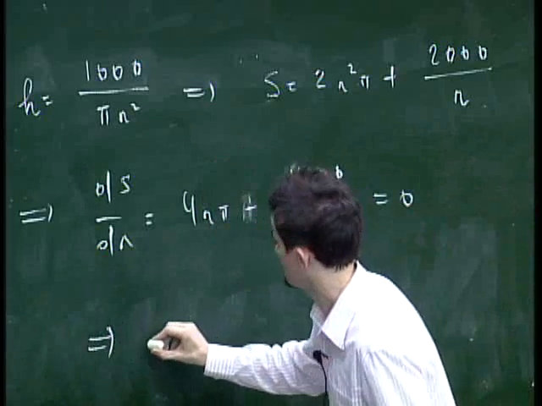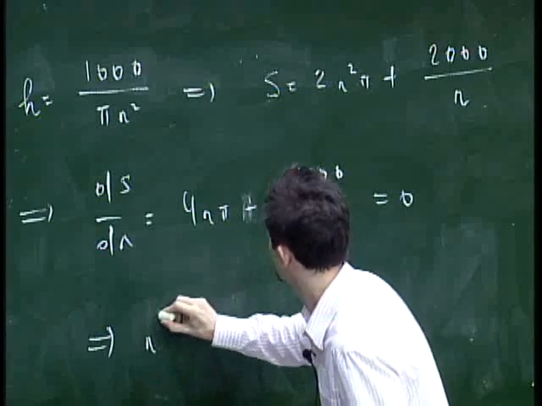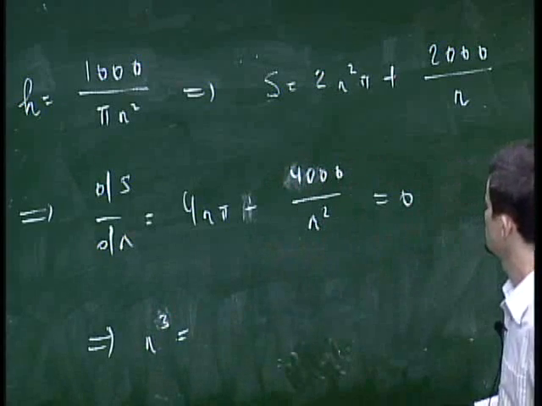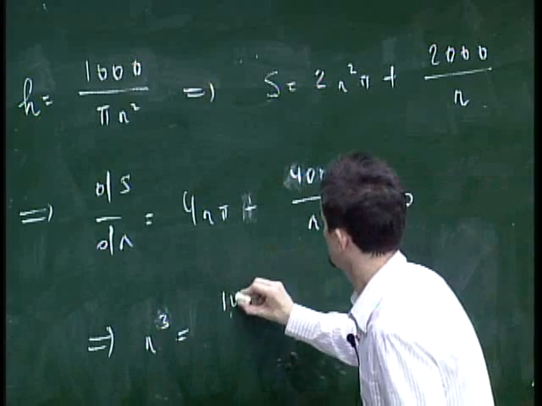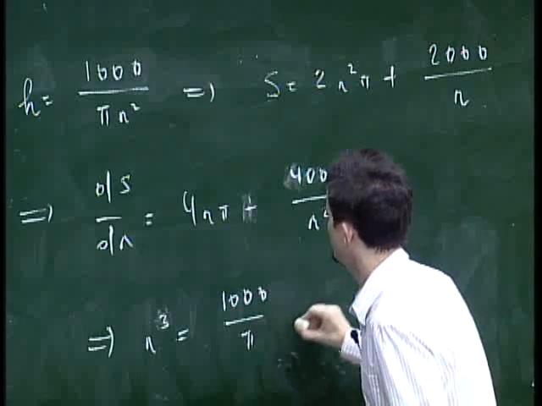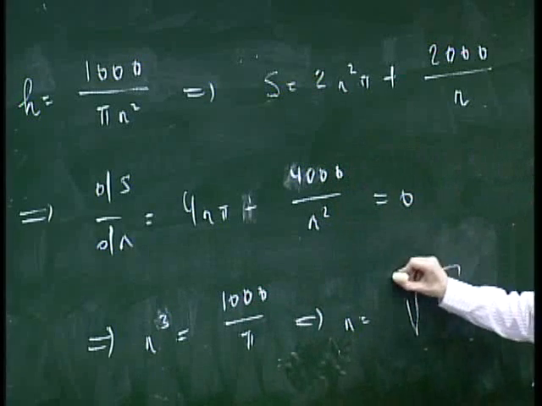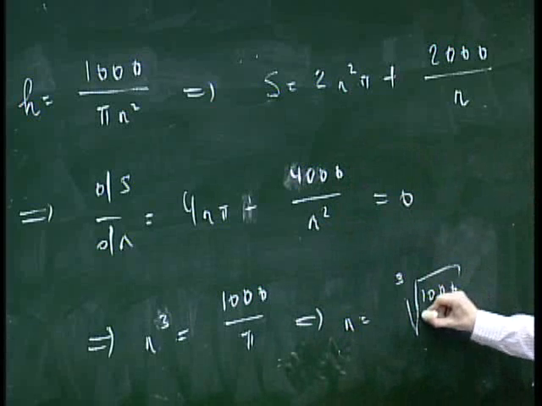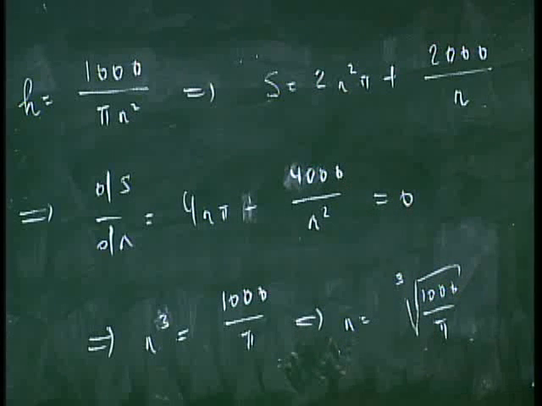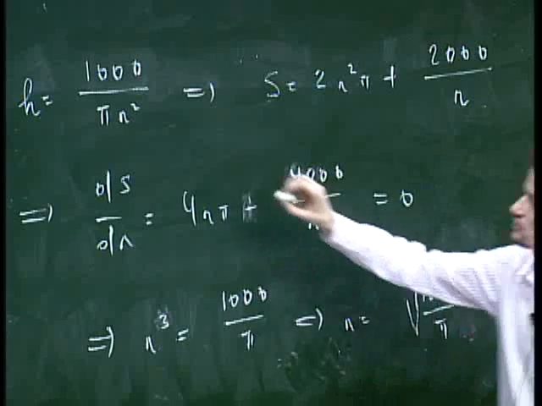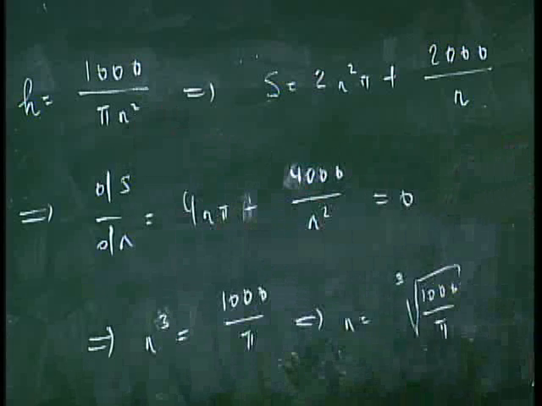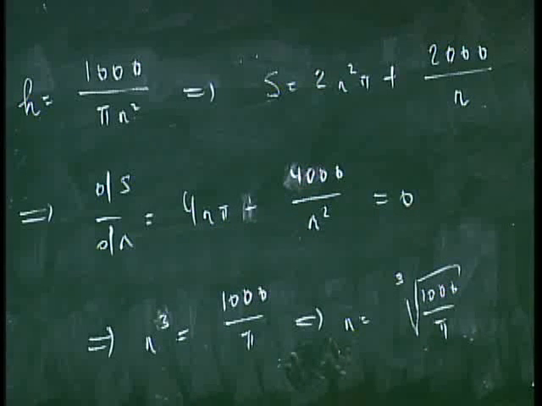We see that r cubed is equal to 1,000 over pi, so r is equal to the third root of 1,000 over pi. This choice of r, and you can compute here the corresponding choice of h, will make the surface area of the can minimal.